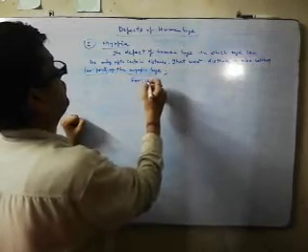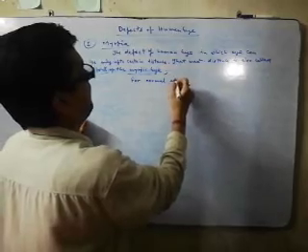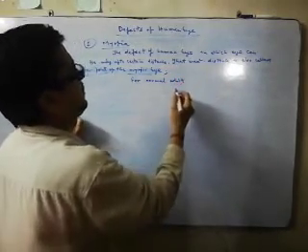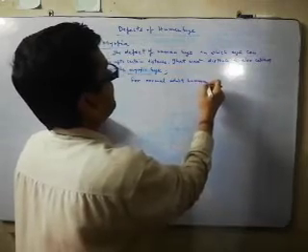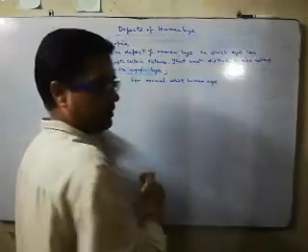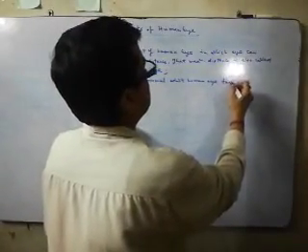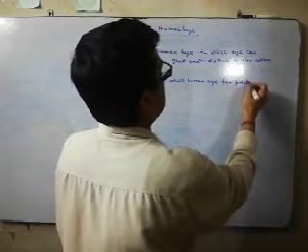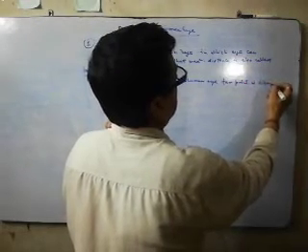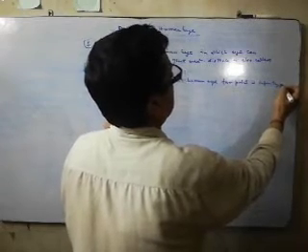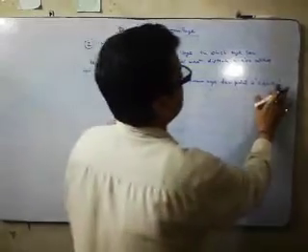For a normal adult human eye, the far point is infinity. Far point is infinity.